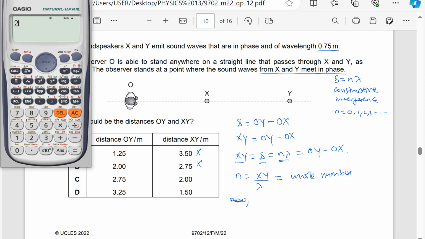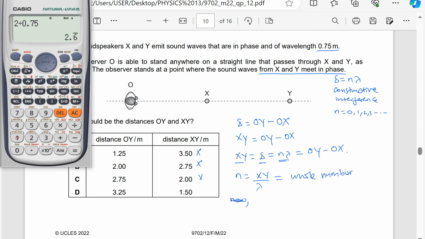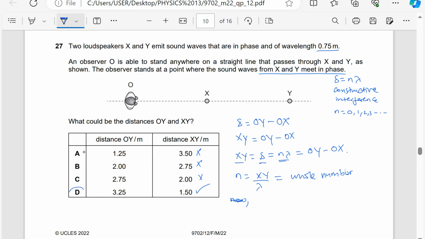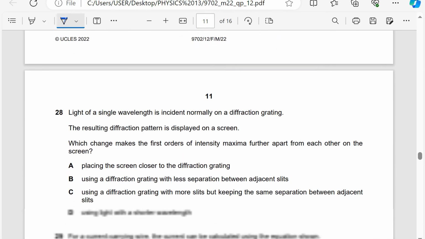I'll check the third one, 2 divided by 0.75. That's not a whole number, so that's out. 1.5 divided by 0.75 is 2, so this is a whole number. So the answer is most likely going to be D.